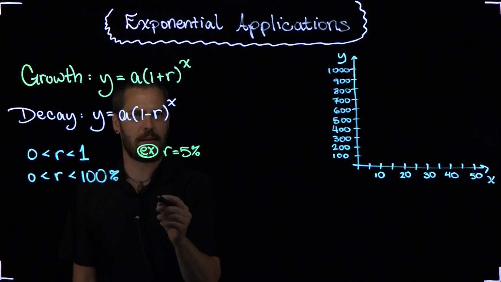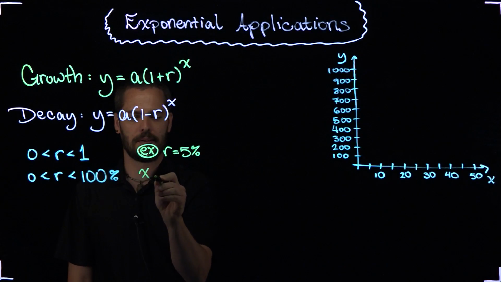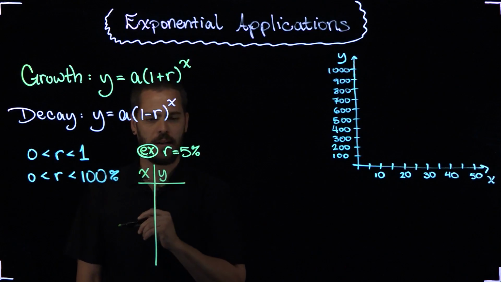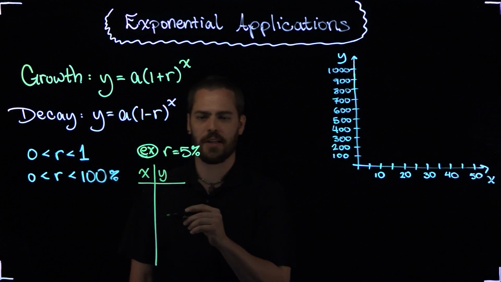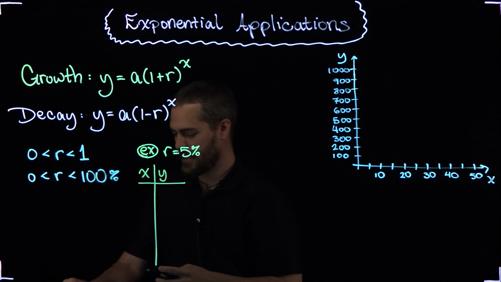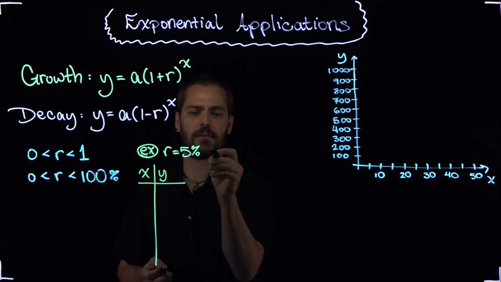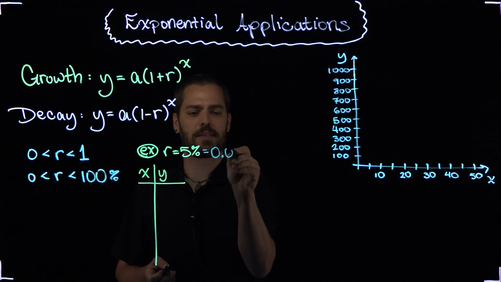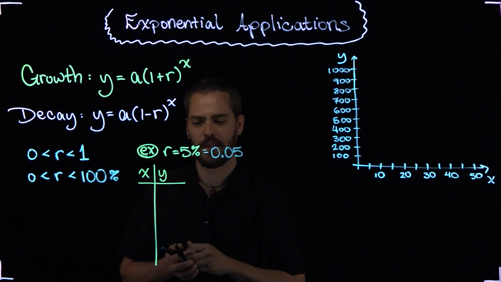So let me make a little XY table here. Okay. And this growth rate, when I use it in the formula, I'm going to have to turn that into a decimal valued number. So 5% is 0.05. That's what I'm going to use.